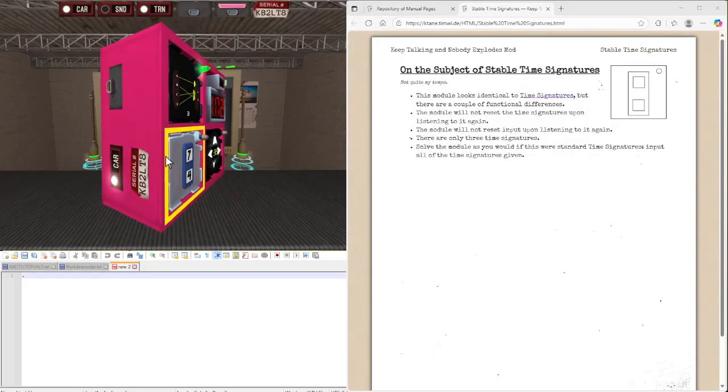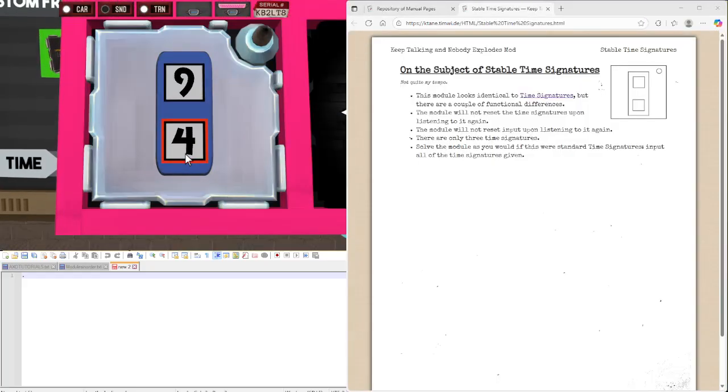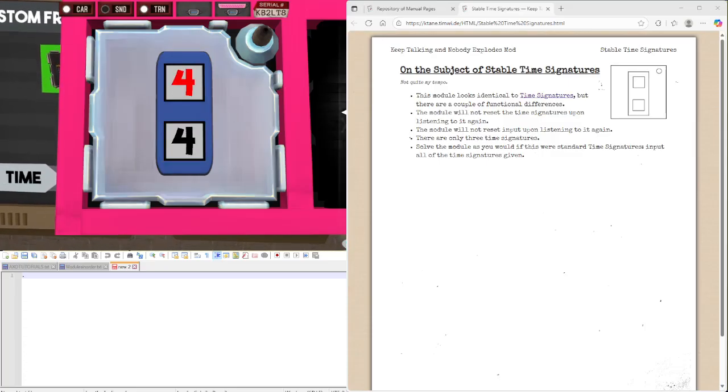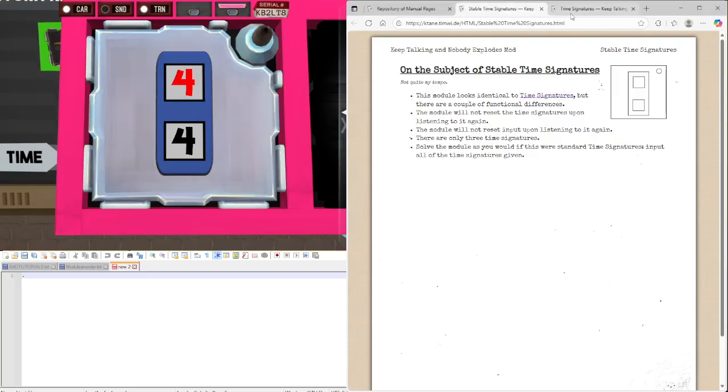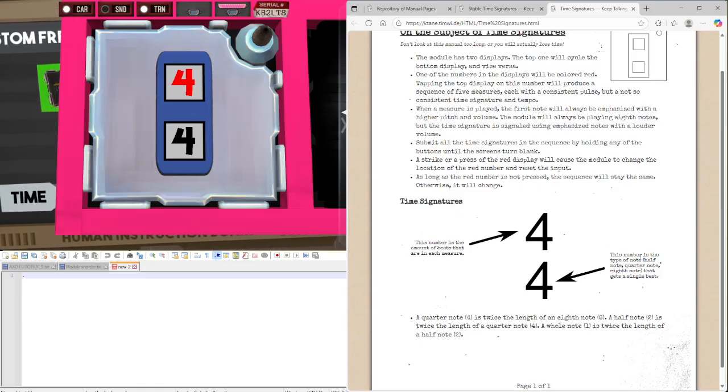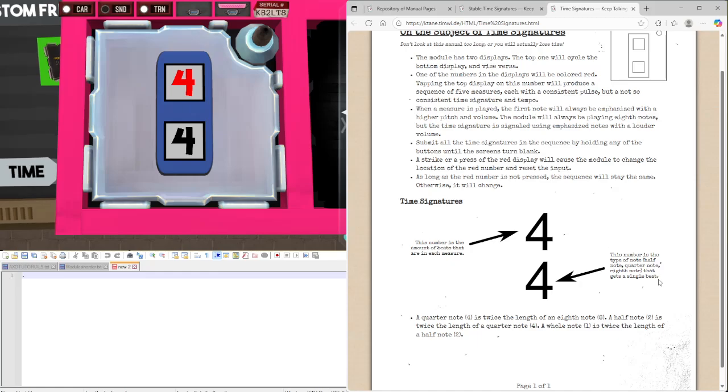And I have the same time signatures. So this is what's the time signatures. There's no reason why beats to each measure. There's no reason the type of note.